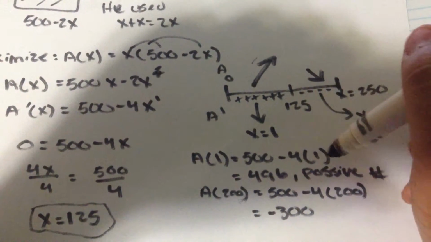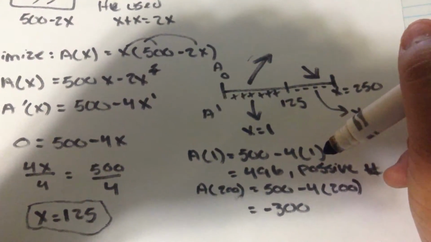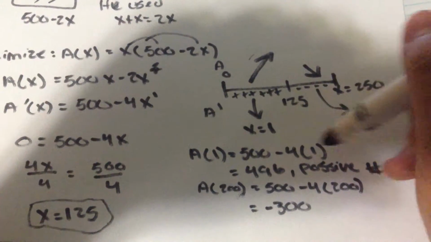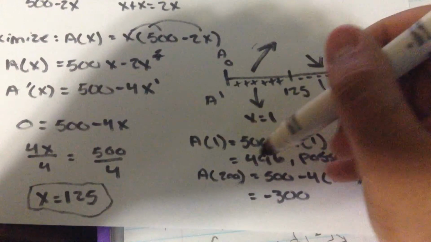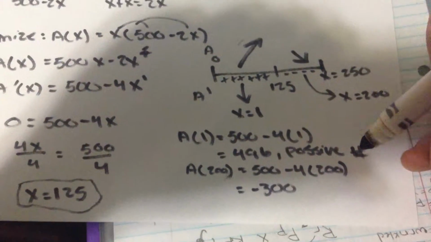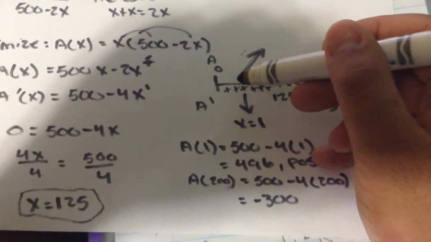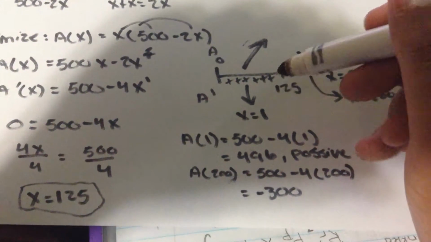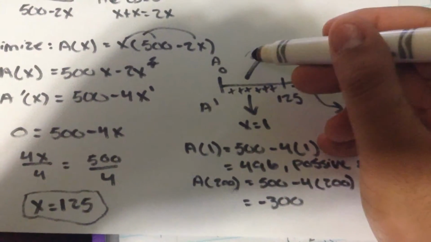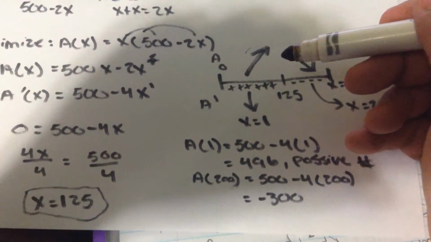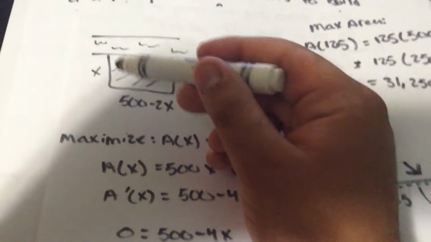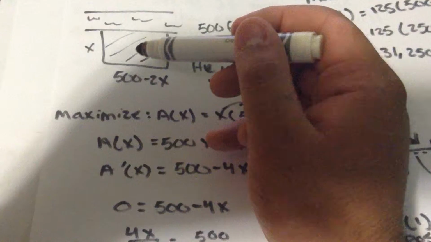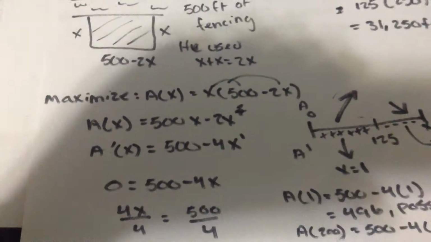So you plug into our derivative. It would be 500 minus 4 times 1. It's going to give you 496, which is a positive number. And since it's positive, the original function is going to be increasing. As this increases, the overall area of the rectangle is also going to be increasing.